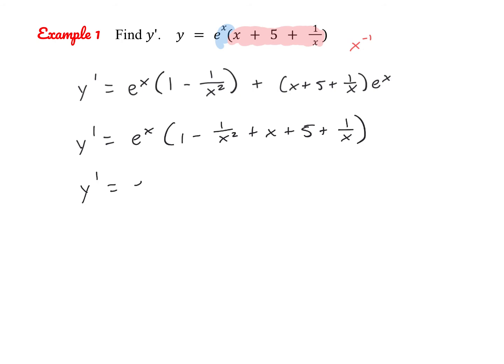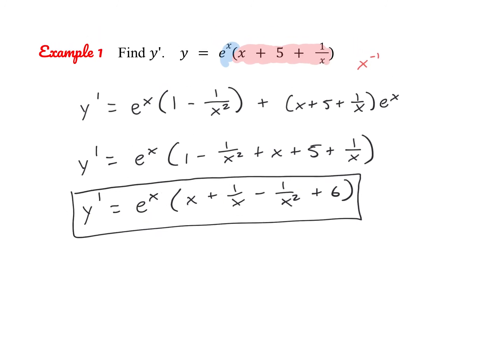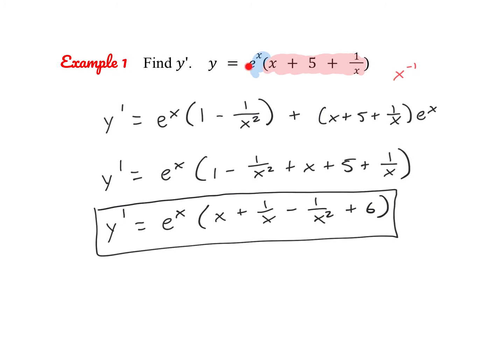So we can write our final answer as e to the x times x plus 1 over x, minus 1 over x squared, and then plus 6. We can leave our derivative like this, you don't have to distribute the e to the x. But again, we were able to find this derivative by considering each of these separate functions and then using our product rule.